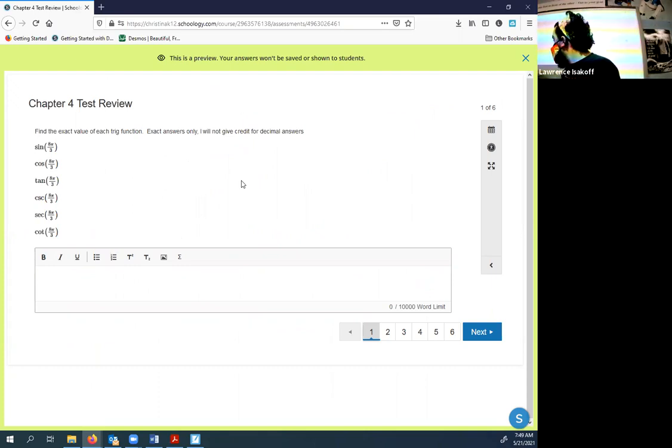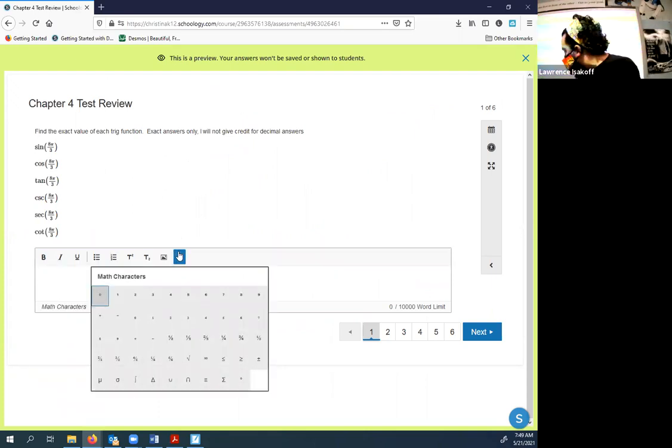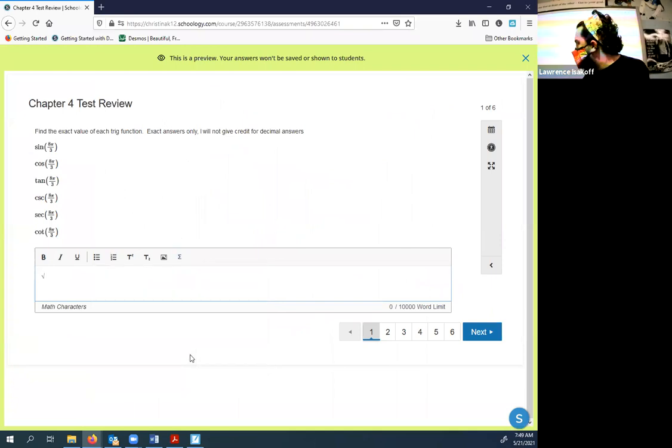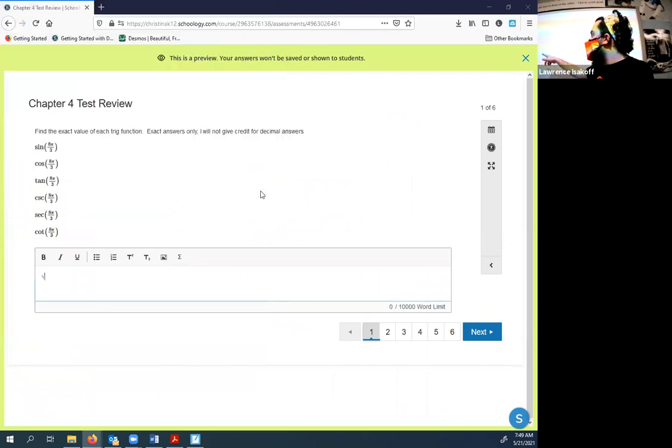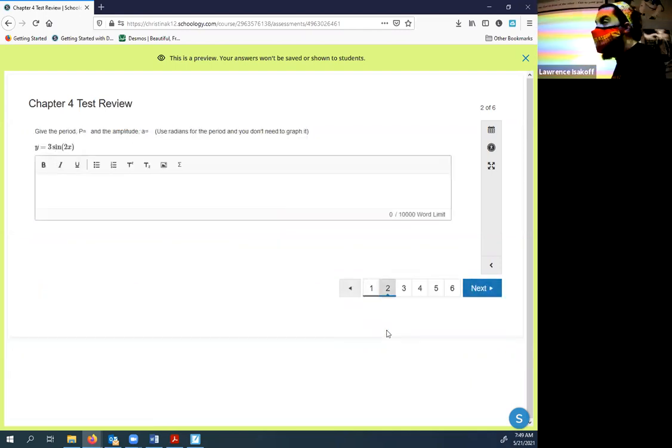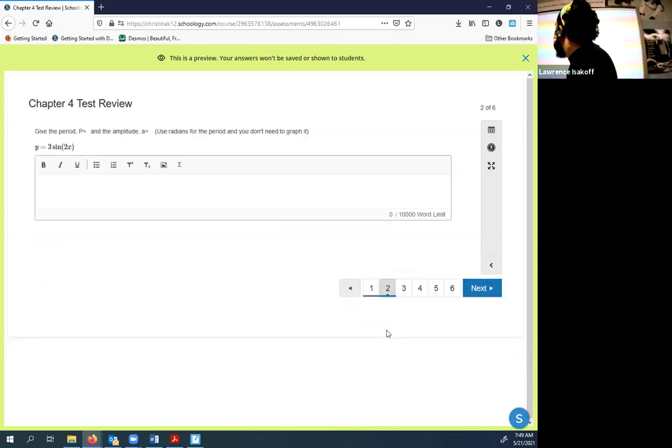But remember, we do have the math symbol, so you can put square roots in there if you wish, or you can just use the picture option. I'm not taking the time to export this as a picture right now, but if you wrote it all down on something, you can always just upload a picture to me. That will be posted for you as well.